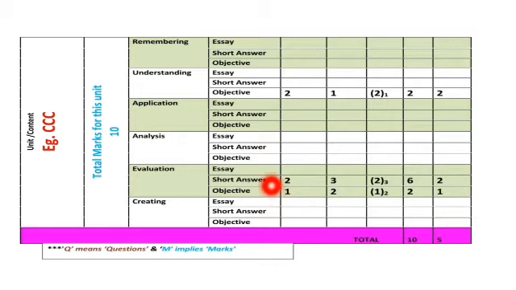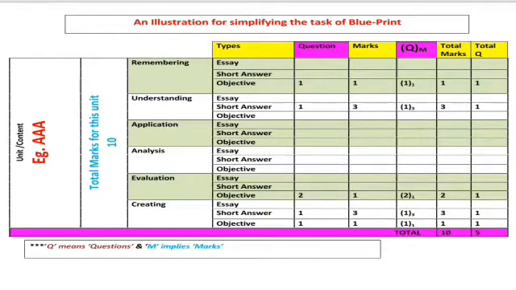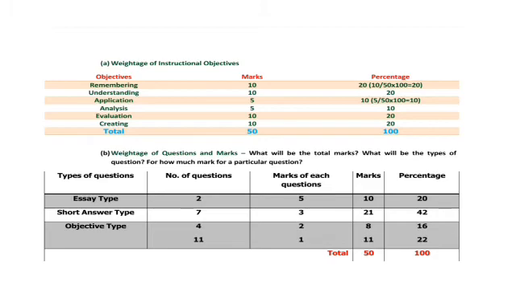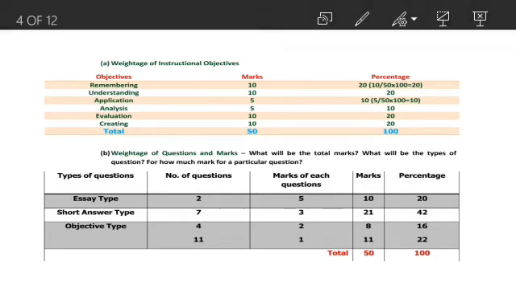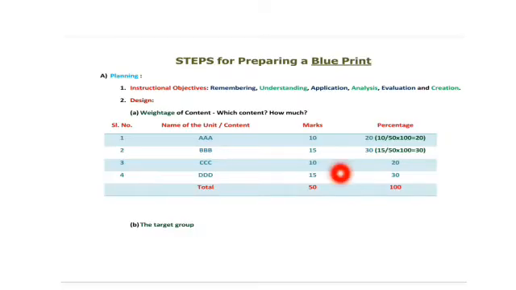So there are 3 objectives here. Alright, so you have the objective and the short answer type, no essay type question. Clear? So the total marks here is 10. Alright, for C it is 10. So check out. Is it 10? Yes, it is 10. Now coming to this D, it should be 15.